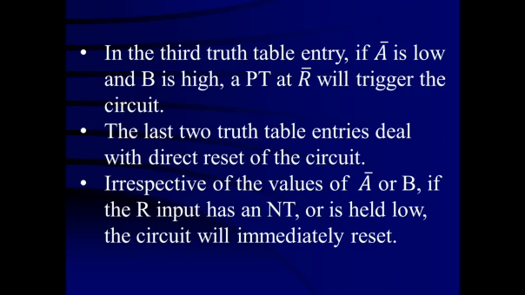It will not wait for timeout, but will be reset to the low state at any time. That is called the reset input activity. Irrespective of the value of A bar or B, if the reset input R bar has a negative transition or is held low, the circuit will immediately reset.